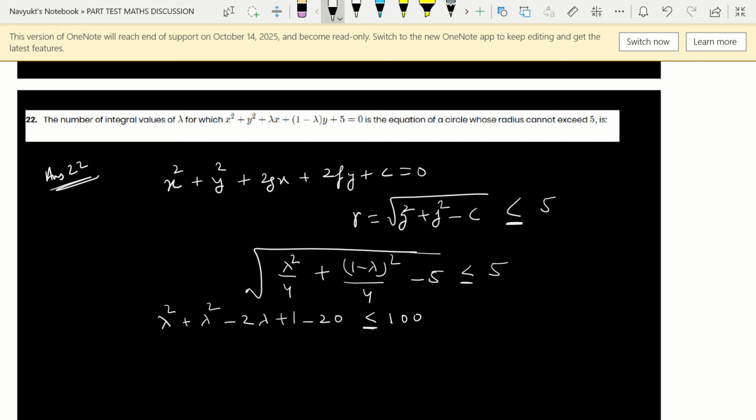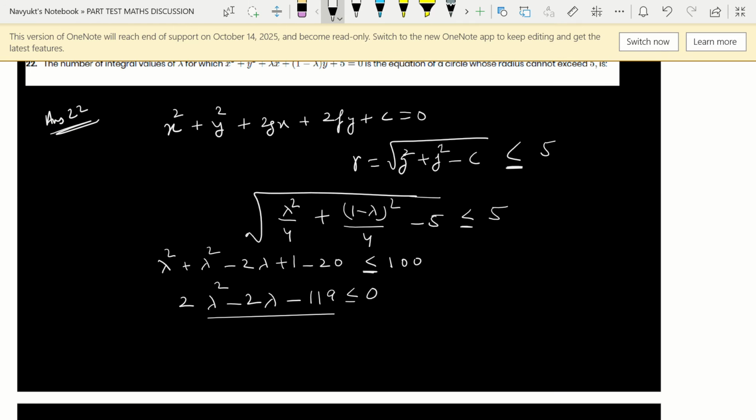Correct. So finally 2 lambda square minus 2 lambda minus 119 less than or equal to 0. Clear? This is the quadratic we have found. For this to be less than or equal to 0, the lambda value should simply lie between the roots of this quadratic.